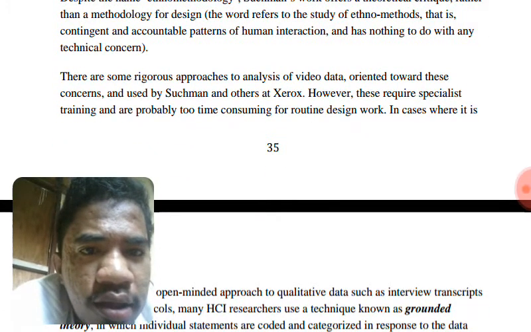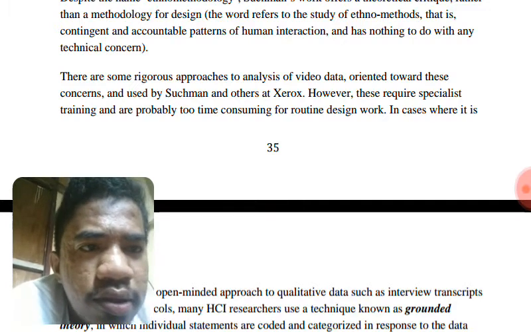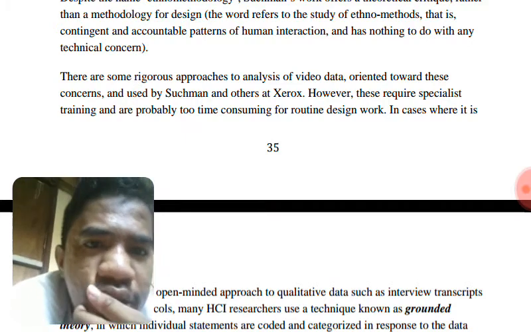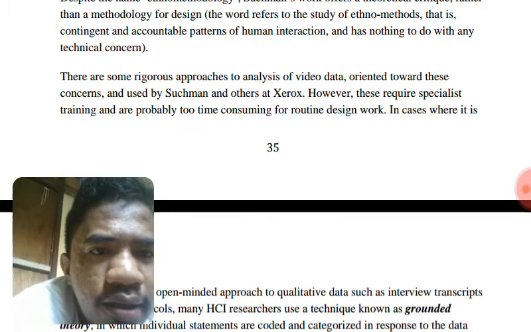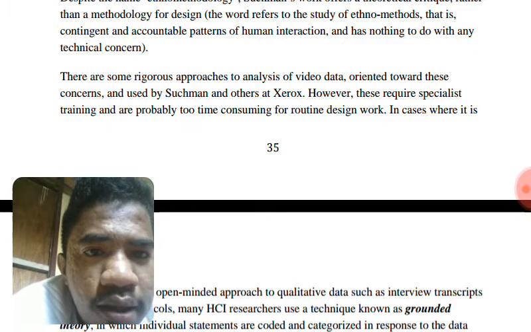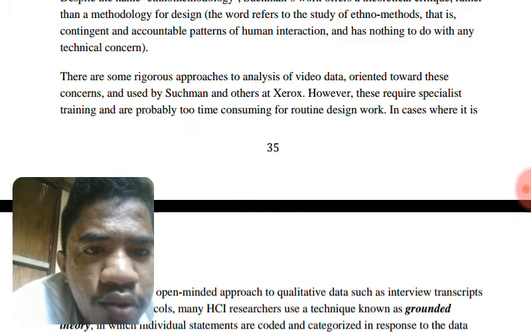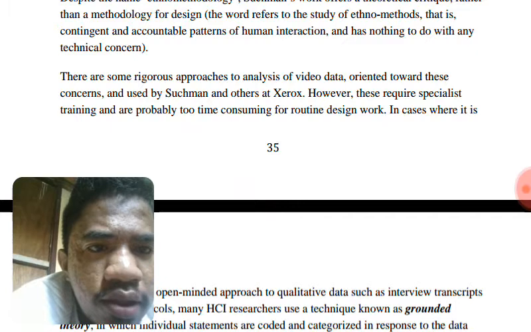There are some rigorous approaches to analysis of video data oriented toward this concern and used by Suchman and others at Xerox. However, this requires specialist training and is probably too time consuming for routine design work.